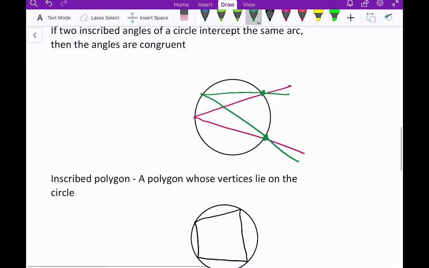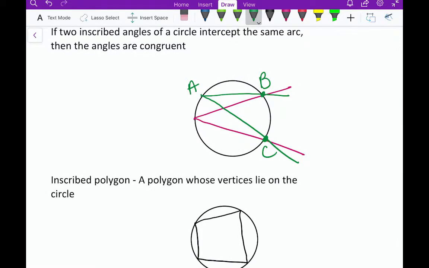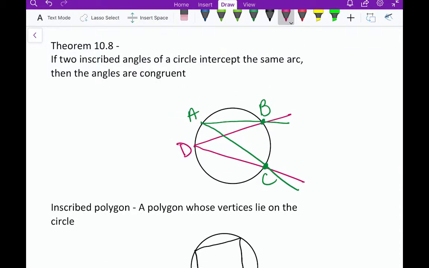So we'll call this B, A, C, and we'll call this D. Because both of these intercept arc BC, we can conclude that the measure of angle BAC is equal to the measure of angle BDC.